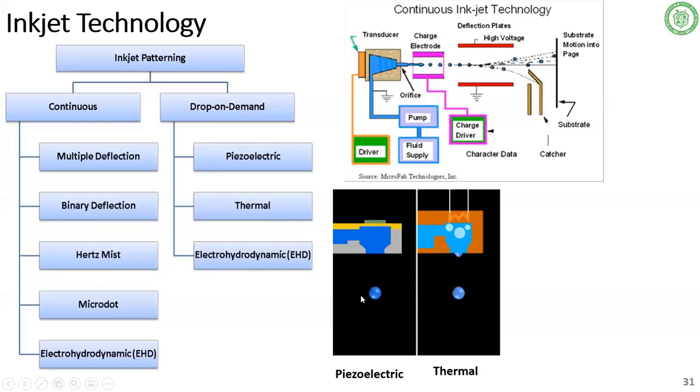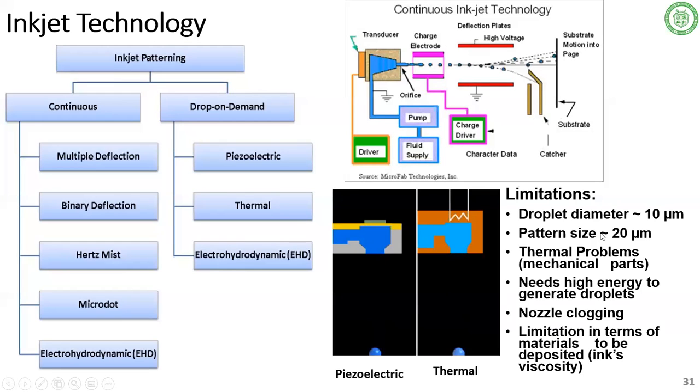These piezoelectric and thermal drop-on-demand printing methods, and continuous printing, are commercially used and very mature technologies, but they have some limitations because the droplet size cannot go below 10 micrometers. So when it drops on the substrate, the pattern size is 20 micrometers or higher.